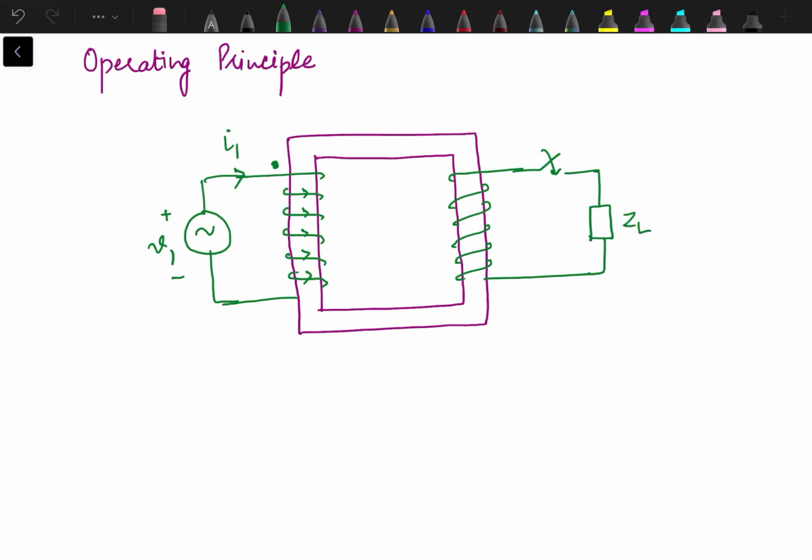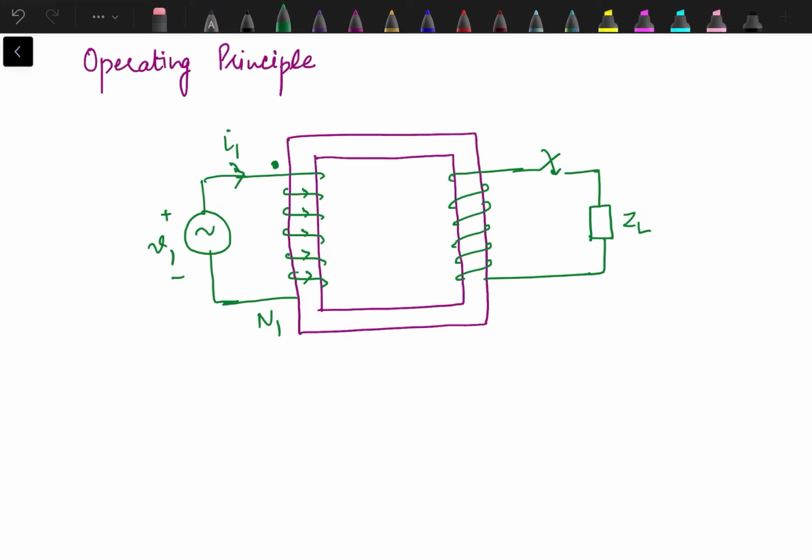Now the working principle of transformer is that when we give the supply to the primary winding, there is a current in the primary winding since the circuit is closed. This current is flowing through N1 number of turns coil. So therefore we have MMF N1 into I1.